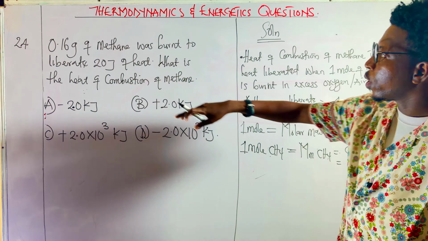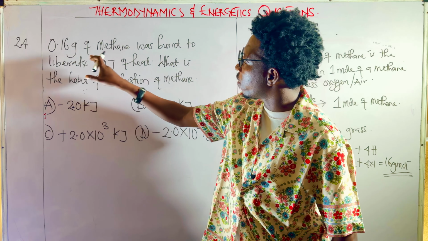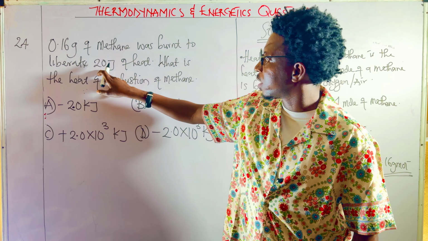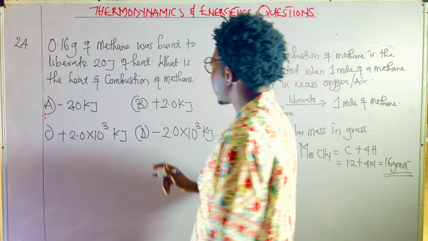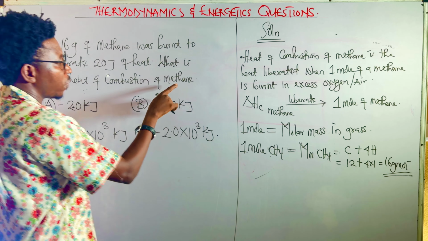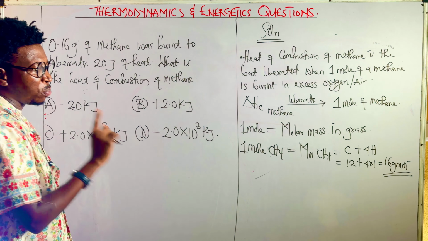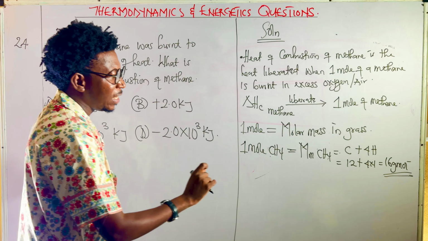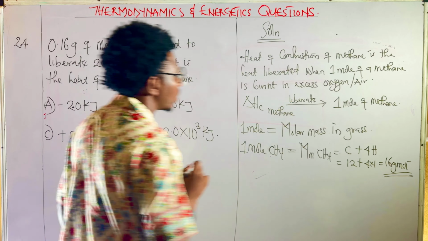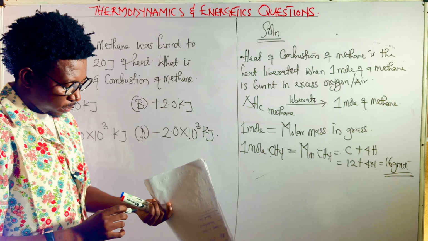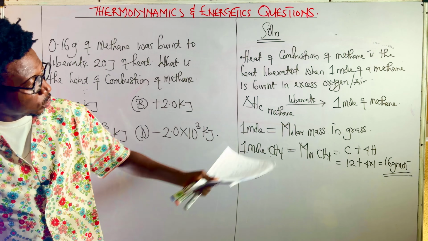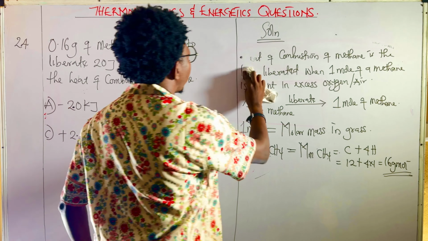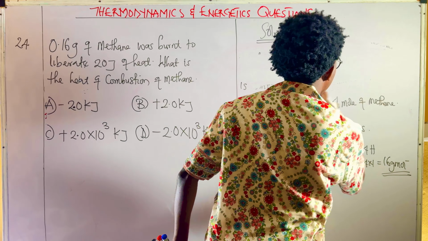From the question, when 0.16 gram of methane was burnt, the heat liberated was 20 joules. Now, they say we should calculate the heat of combustion of methane. That means when we burn 1 mole of methane, and 1 mole of methane is 16 grams. So, you pause and write. Now, I can solve this question.